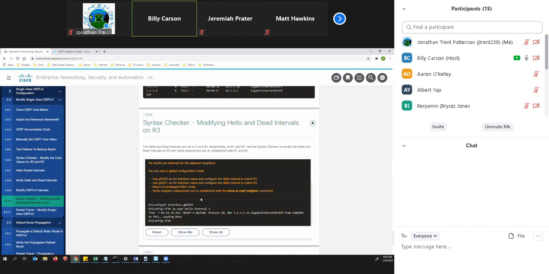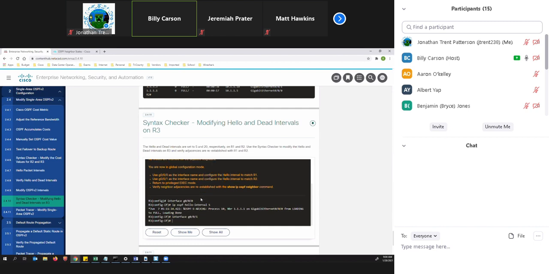And now what's the next thing it wants us to do? Go to the next interface, G0/1, and we've got to change that one as well. IP OSPF hello interval, 5 seconds. I mistyped that. Did somebody catch that?